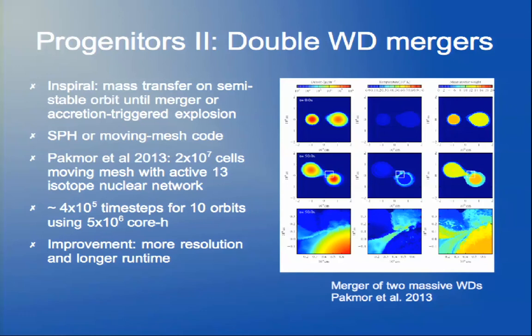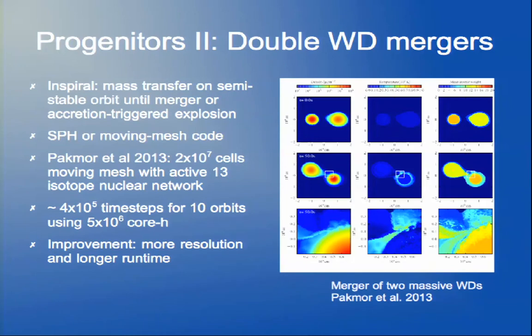Highest resolution here means that it has about 2 × 10⁷ cells. The mass resolution of the cells is 10⁻⁷ solar masses in the white dwarfs, and an increased 10⁻⁸ solar mass resolution on the surface, because that's where most of the action happens. So we decided to run with higher resolution there.